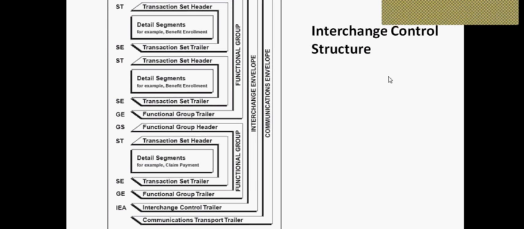The communication envelope will have who is sending, who is receiving, and some control segments. We will go through those segments in detail. But this is how the claim information or transaction structure is organized. This information is provided in the TR3 document. Which, yeah, tell me the question.